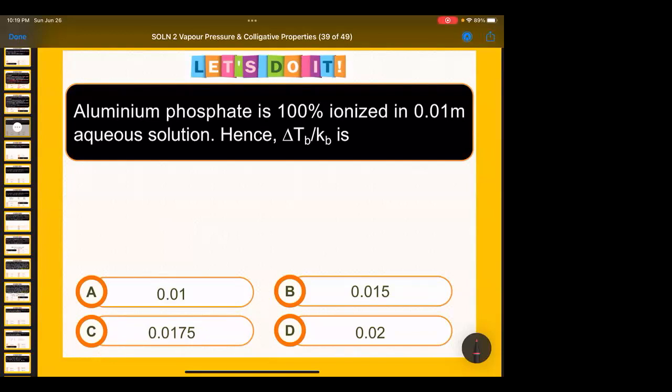Yeah, tell me. Delta TB by Kb, what's going to be the value? Yeah, guys. Good. Yeah, Miraj, what happened?